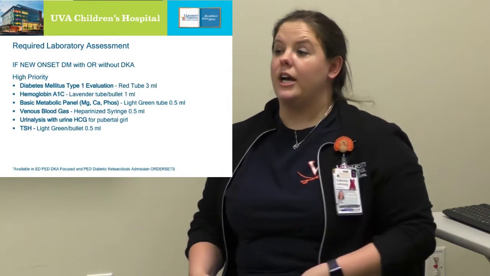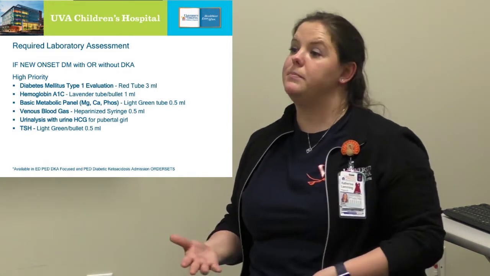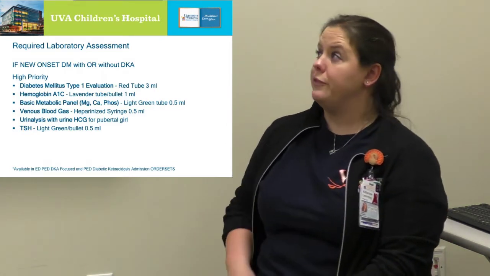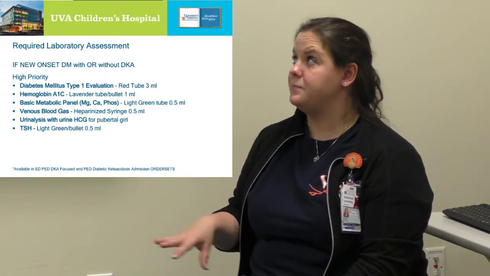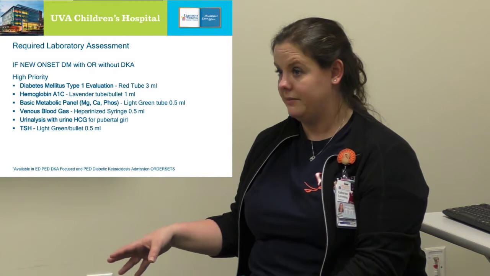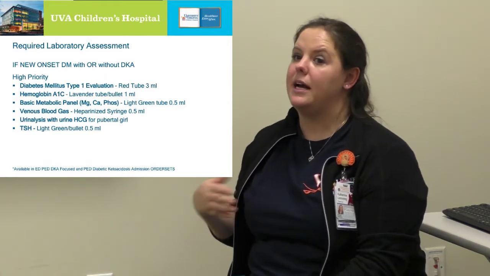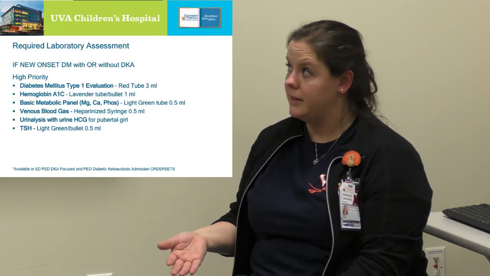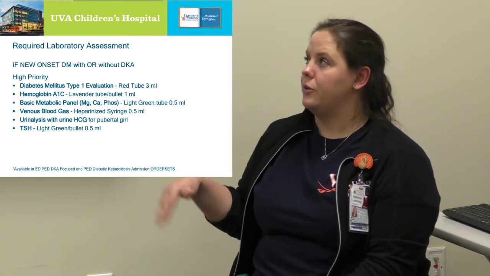Depending on what their status is when they come in, the labs may be slightly different. If a patient is presenting with new onset diabetes with or without DKA, you have specific labs. There are high priority labs that we want to get right away when a patient comes in, versus some other labs that I'll go through in just a second.